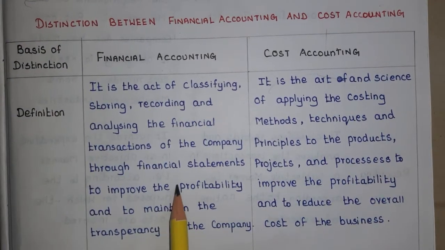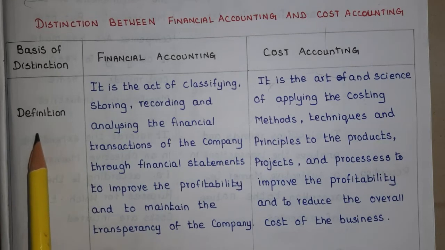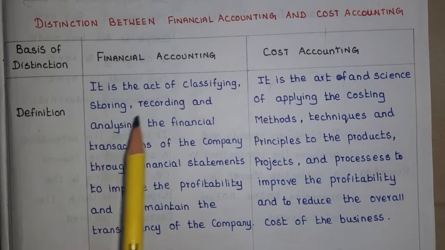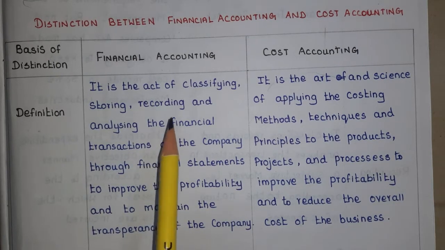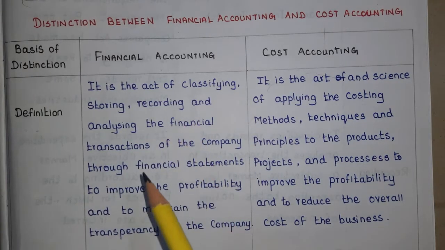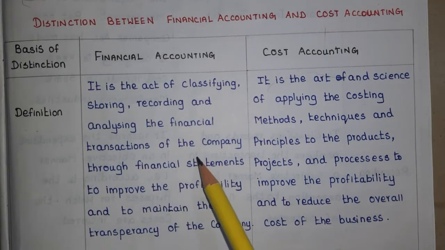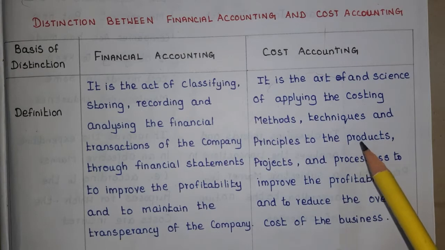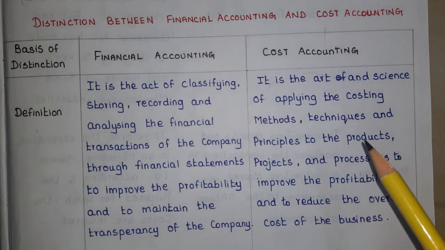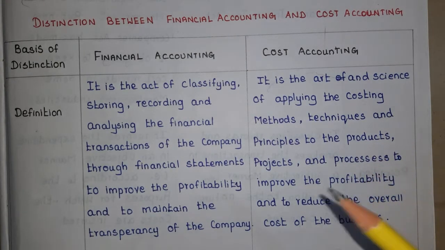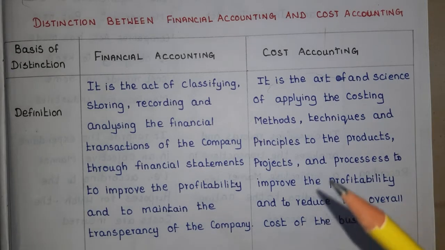I have started with the definition. In financial accounting, there is the art of classifying, storing, recording and analyzing. But in case of cost accounting, various methods and techniques are projected to improve the profitability and to reduce the overall cost of the business.